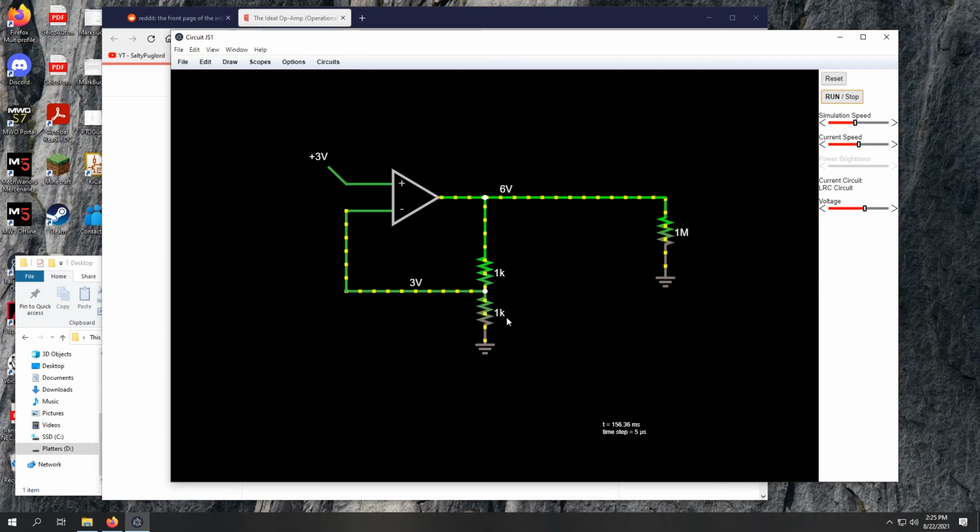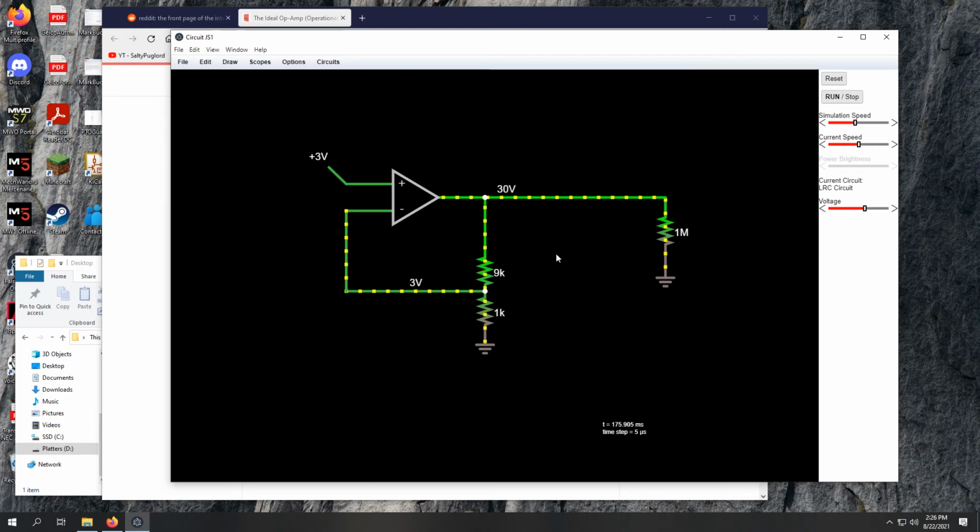A 10-to-1 voltage divider would mean we would need a 9K resistor up top and a 1K at the bottom, or whatever. If you want to use 90K and 10K, it is the ratio of the resistors that matters. So let's just make this a 9K resistor. Boom, 10-to-1 voltage divider yields a 10 times multiplication of the input voltage. The input voltage is 3, the output voltage is 30 volts.